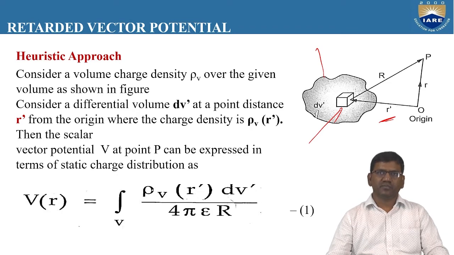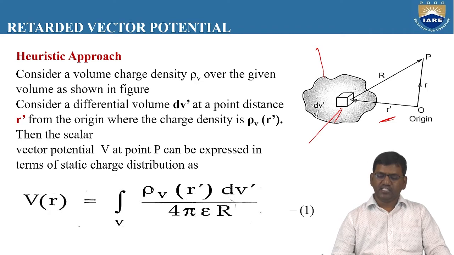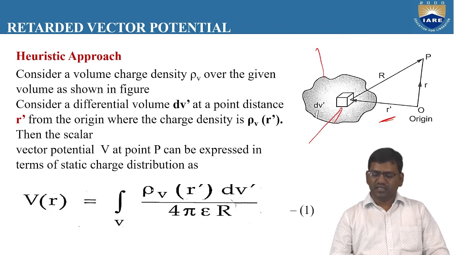Then the scalar potential V at the point P can be expressed as V of R is equal to rho v of R dash dV dash by 4 pi epsilon R. Here you can observe in the display that capital R and R dash are shown.